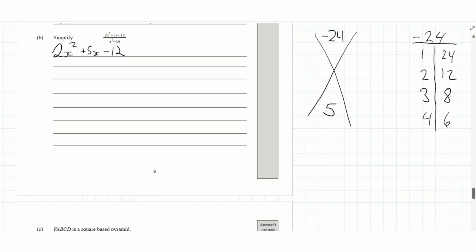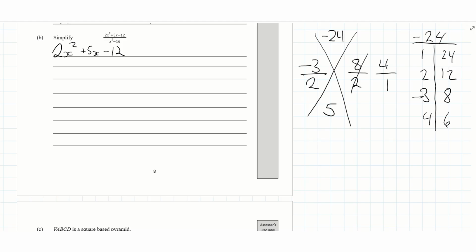So now we're trying to find two numbers that are going to add up to 5. We would think that probably it's going to be these two right here, 3 and 8. If I make 3 negative, negative 3 times 8 is negative 24, and negative 3 plus 8 equals 5. So we've got the two numbers that we're going to be working with. I'm going to divide them both by 2. This is going to simplify down to 4 over 1.